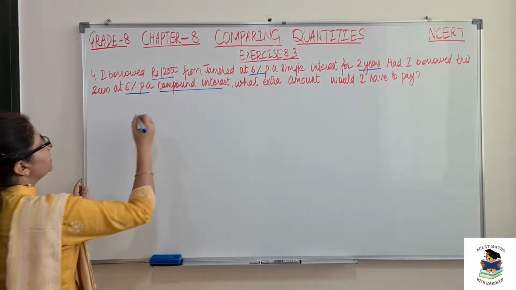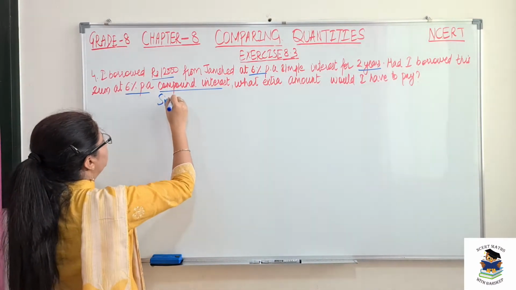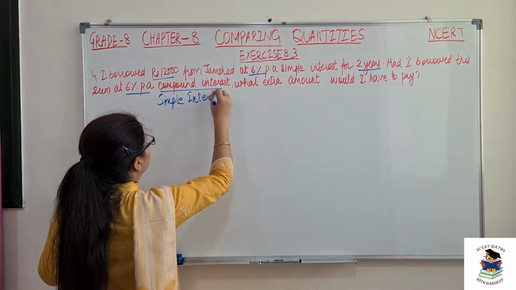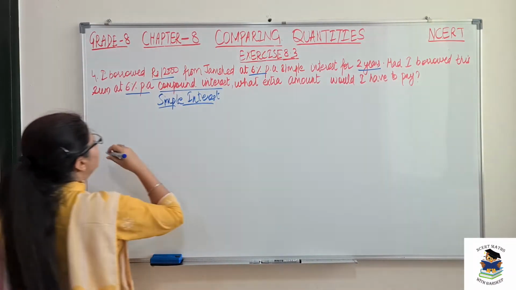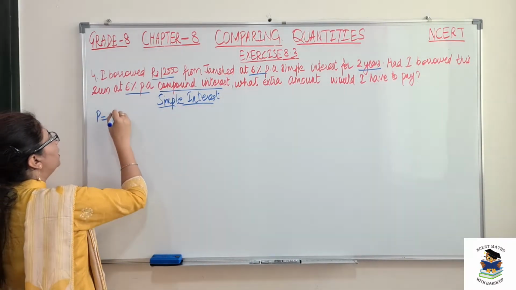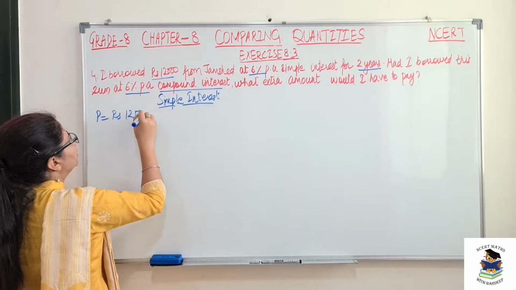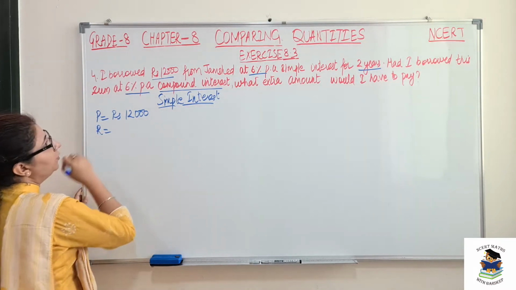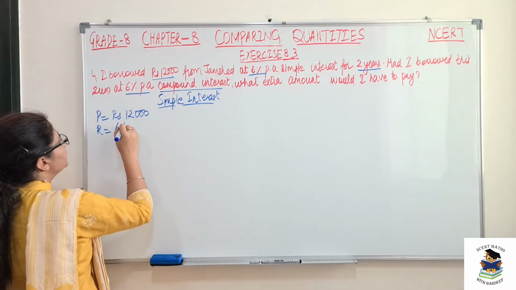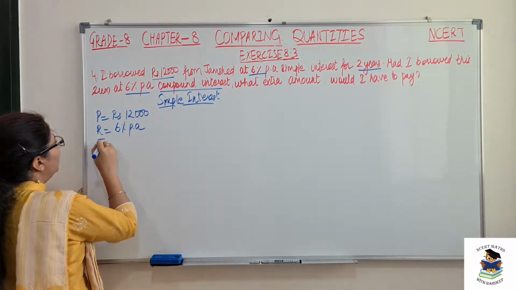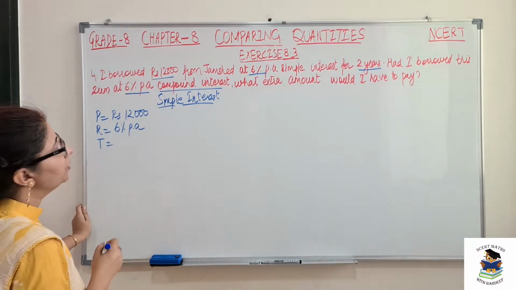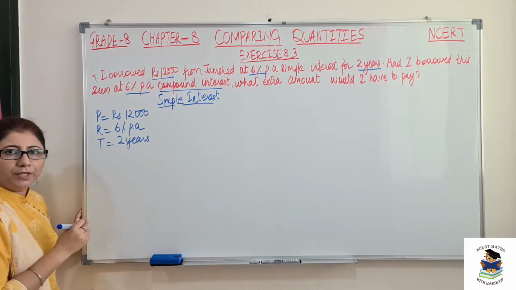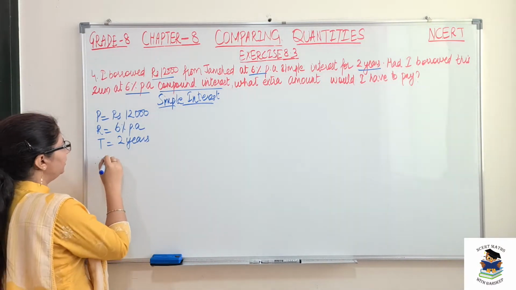So in the first case, I will write here simple interest so that it is clear to you. For the simple interest case, what is the principal amount? That is 12,000. Rate is 6% per annum and time is 2 years. So what should be our simple interest?